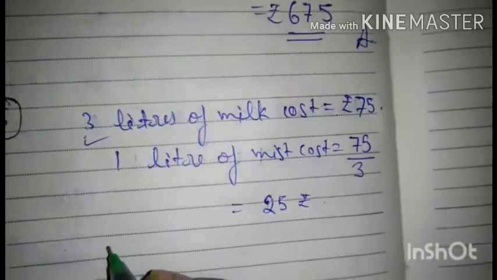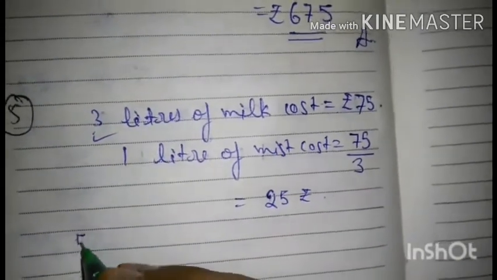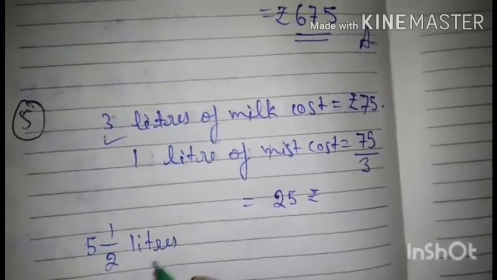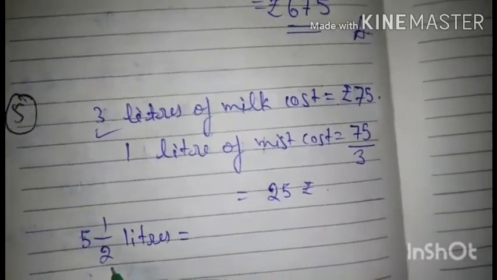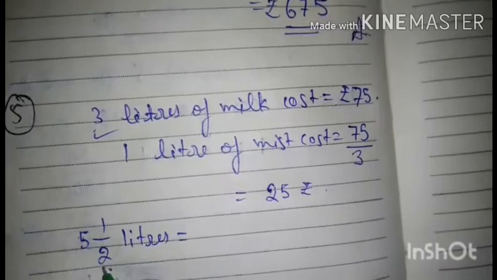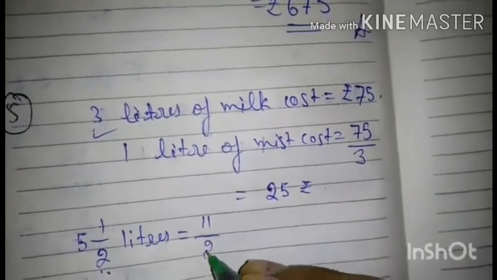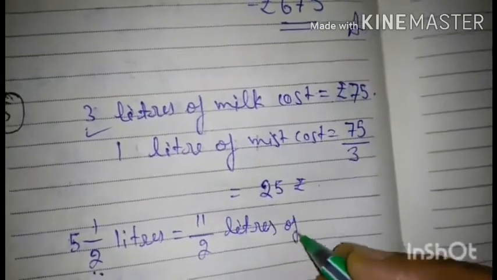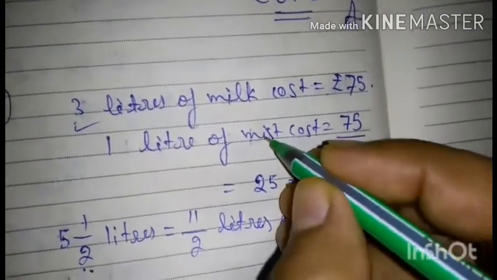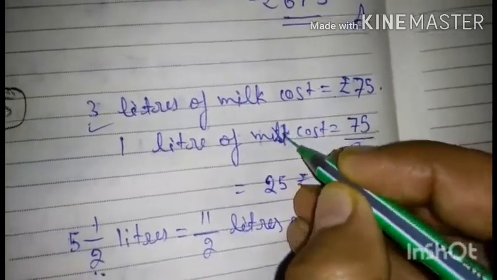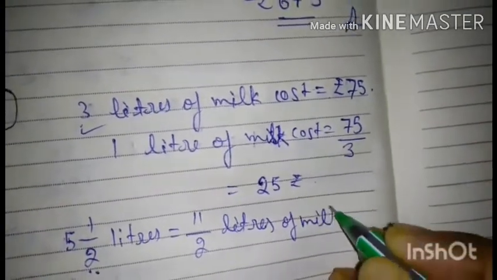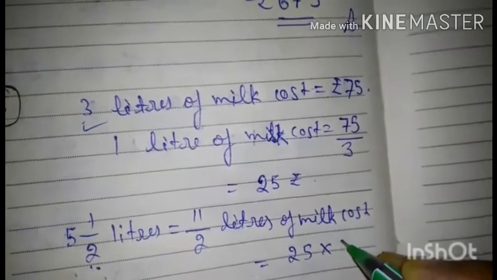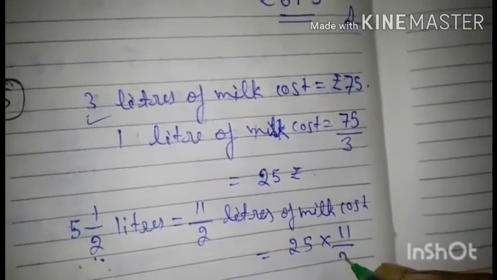Okay, now for 5.5 liter, 5.5 liters is equal to 5 2 ja 10, plus 1, 11 by 2 liters. 11 by 2 liters of milk cost. Milk cost is equal to 25 into 11 by 2.